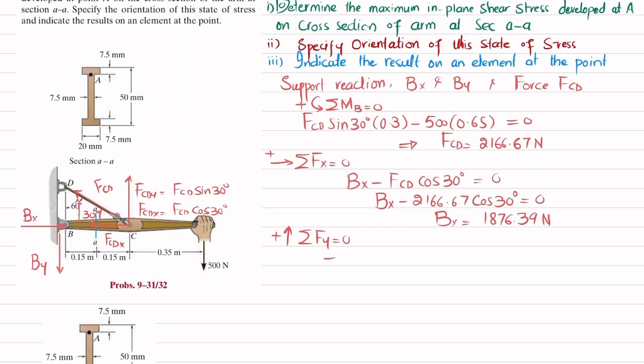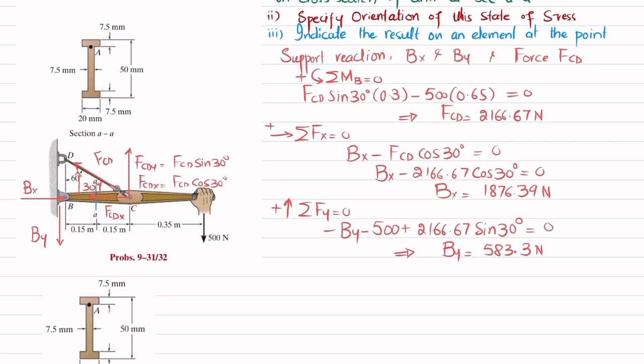So By is downward, so minus By, minus 500 is also downward, plus FCD sine of 30, so 2166.67 into sine of 30 degrees is equal to 0. From here you will get By equal to 583.3 Newton.